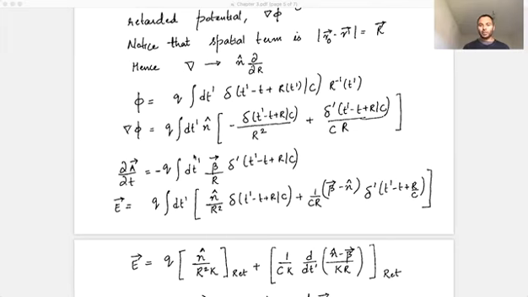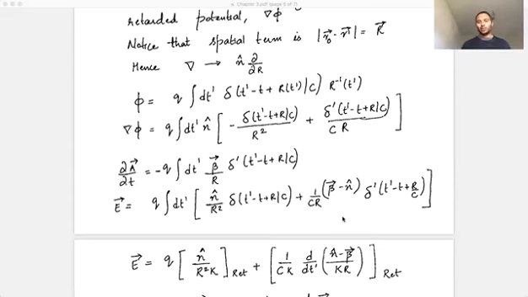Even though t prime and t are connected, we are doing partial derivatives here. So you only take a derivative with terms which have the actual t in them. Even though if I change t, then t prime and r also have to change to make sure that the retarded time is calculated properly, I'm taking derivative with respect to t here, not with respect to t prime or r.